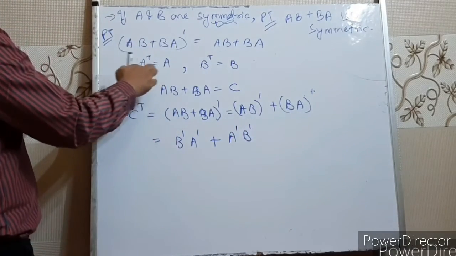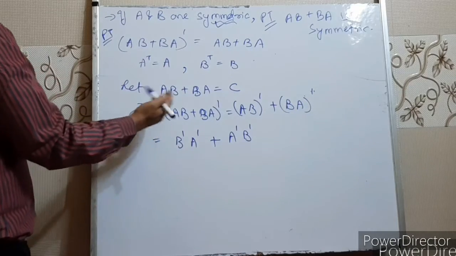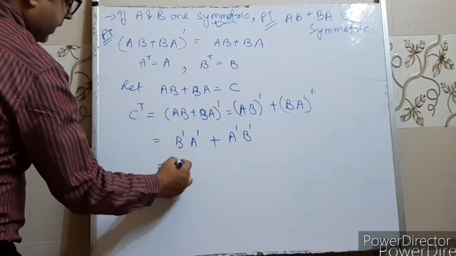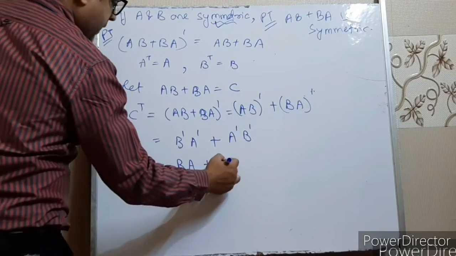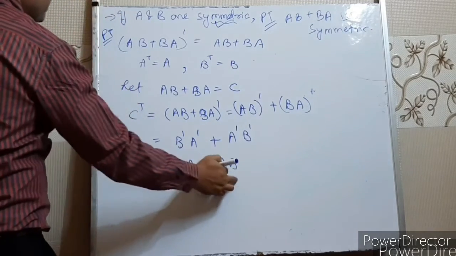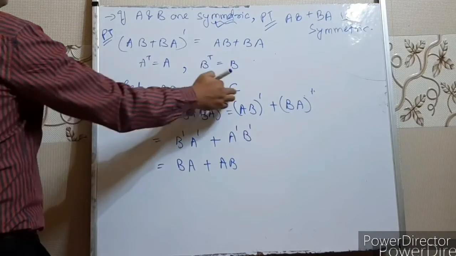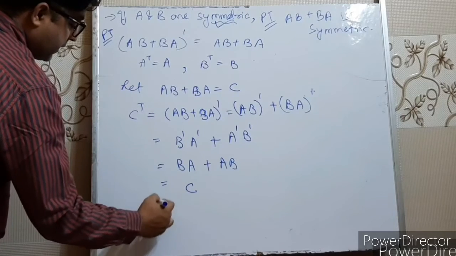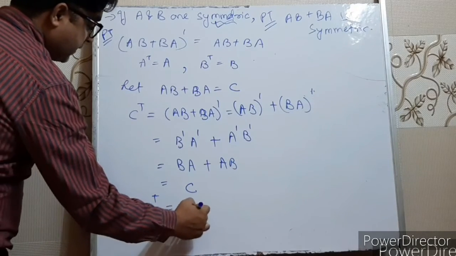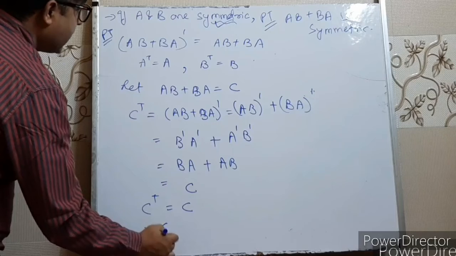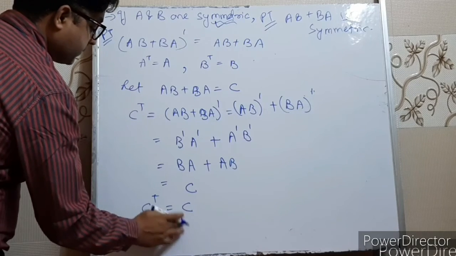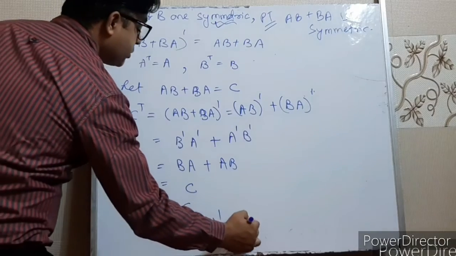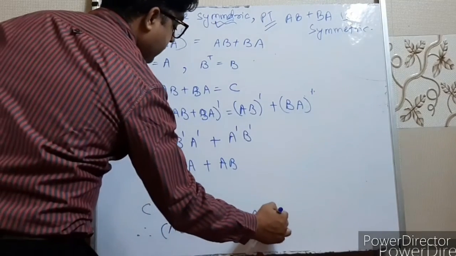And we have shown here that the transpose of A is again A, and the transpose of B we can write as B. So we get BA plus AB, and BA plus AB is again what we have assumed, C. So we can say that the transpose of C is again C. Therefore, (AB plus BA) transpose equals AB plus BA.